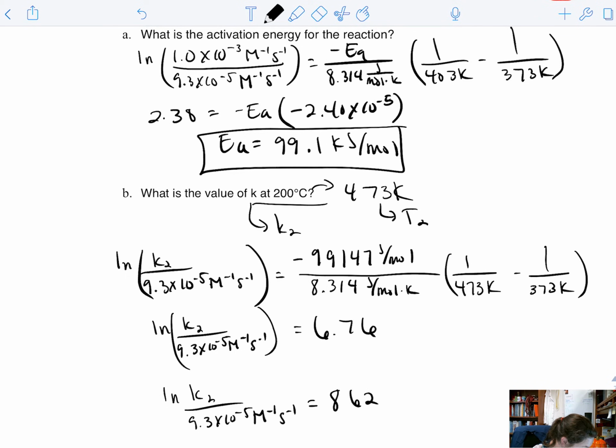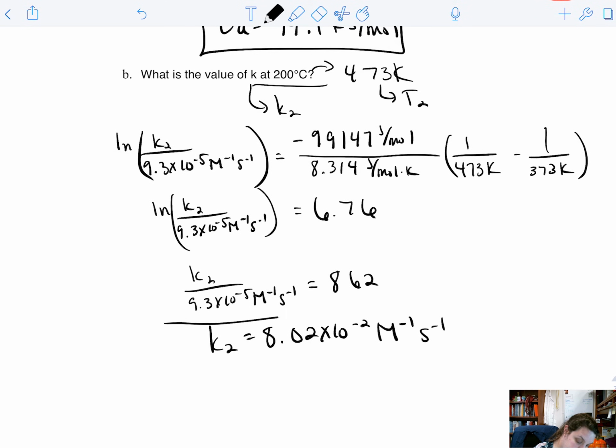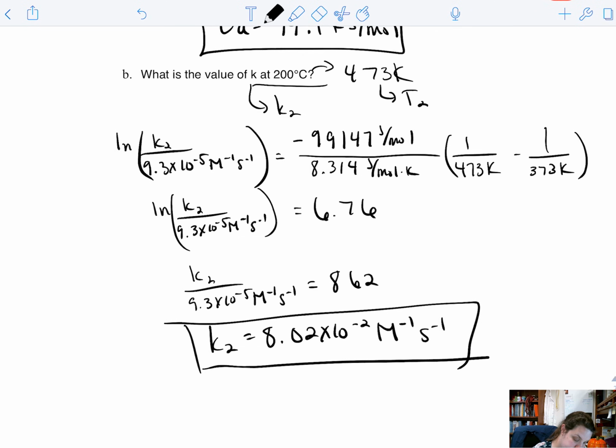You get 862. And then multiply both sides by 9.3 times 10 to the negative 5. We get a K2 value equal to 8.02 times 10 to the negative 2 molarity negative 1 seconds negative 1. Voila! That is all.